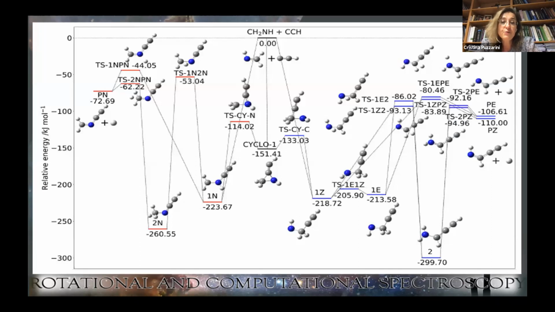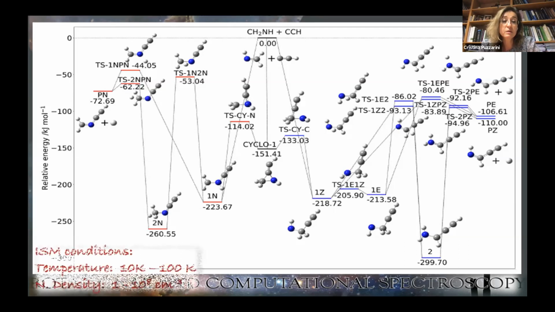And this is the result. So what we get: you see, all these paths are open because we have to keep in mind, Olivia already pointed out, the interstellar medium conditions are extreme, so the temperature is very low, the density is extremely low. Temperature very low means that the reactants have only their own energy.